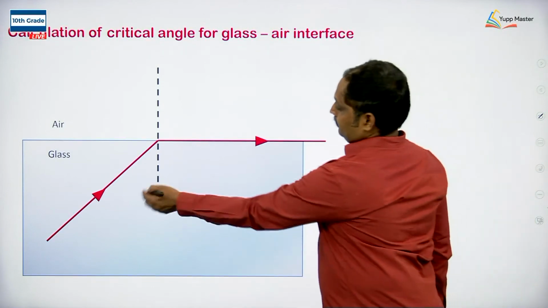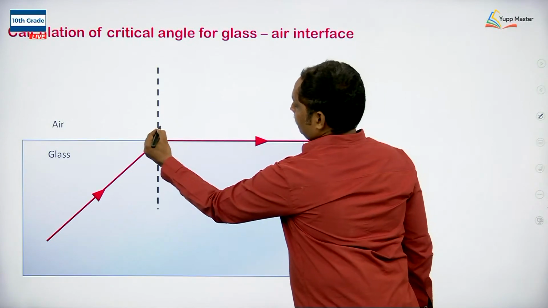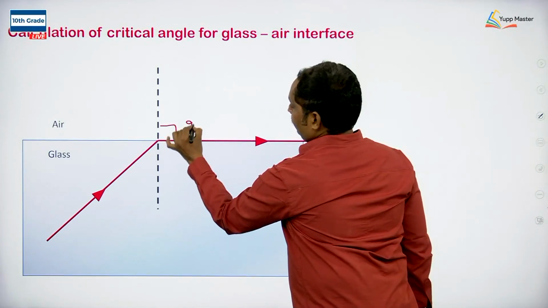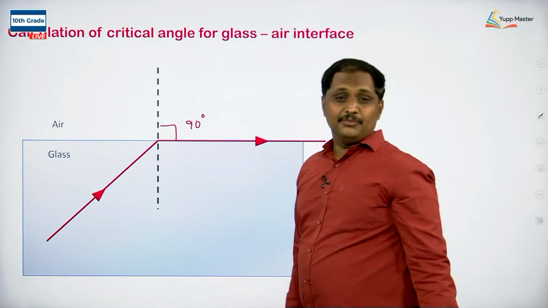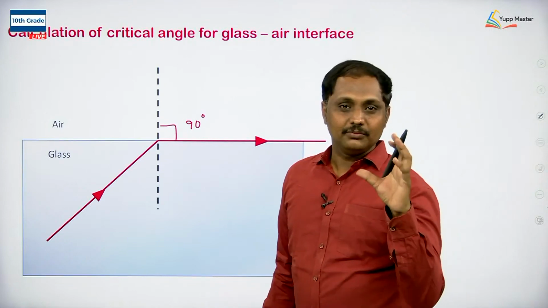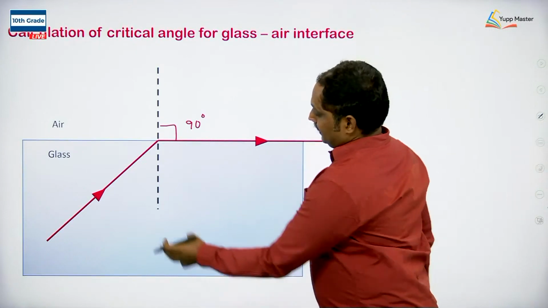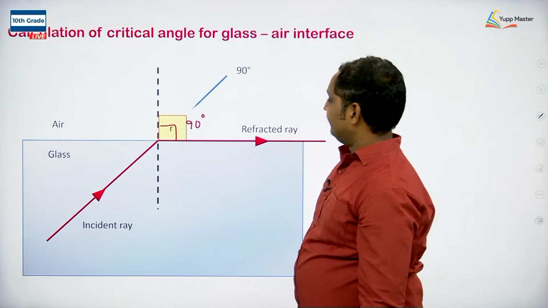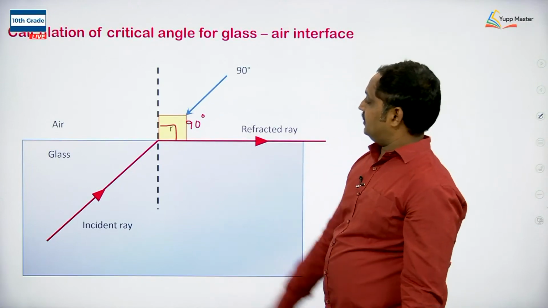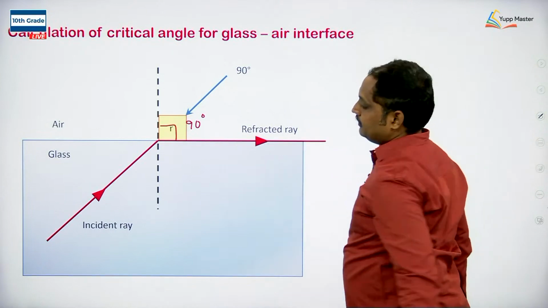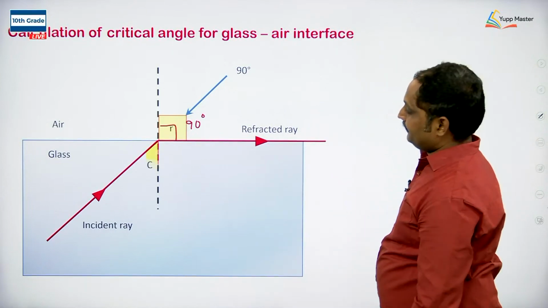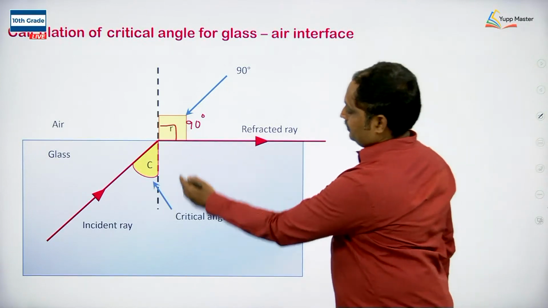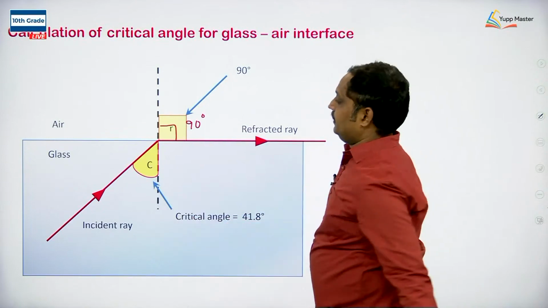The light ray is incident, but the angle of refraction becomes 90 degrees, then only we consider the incident angle as the critical angle. This is the 90 degrees, this is the refracted ray, this is the incident ray. This is the critical angle, that is theta c.